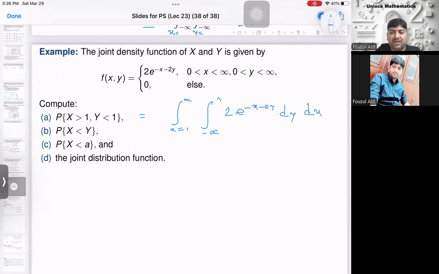This integration we can do because the e to the power terms can be separated. So we make it the integration of e power minus x dx from 1 to infinity, times the integration of e power minus 2y dy over y.